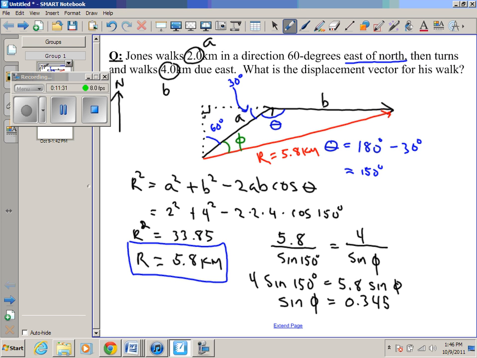Now to find phi, I need to do the inverse sine, or what's called the arc sine. I have to take the inverse sine of both sides. I know the sine of phi is 0.345, but what does phi equal? So phi equals the arc sine of 0.345. Plug that into your calculator, and you find that phi, this angle here, ends up being about 20.2 degrees.